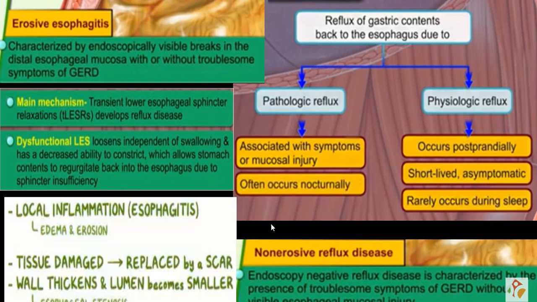Now there are two categories: one we call erosive esophagitis and the second we call non-erosive reflux disease, in short NERD. Endoscopically it is negative for reflux disease, characterized by the presence of troublesome symptoms of GERD without visible esophageal mucosal injury.